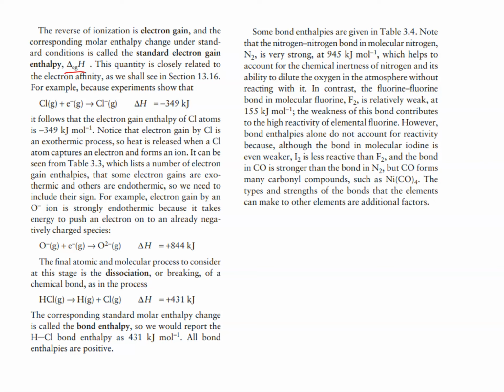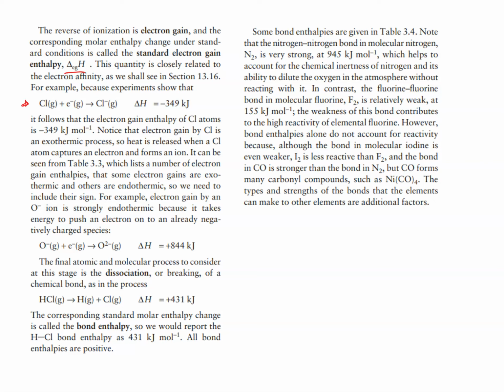For example, because experiments show that, in this case, chlorine gas plus an electron can lead to the chlorine anion, chloride, delta H for this process equals negative 349 kilojoules. It follows that the electron gain enthalpy of chlorine atoms is negative 349 kilojoules per mole. Notice that electron gain by chlorine is an exothermic process, so heat is released when a chlorine atom captures an electron and forms an ion.